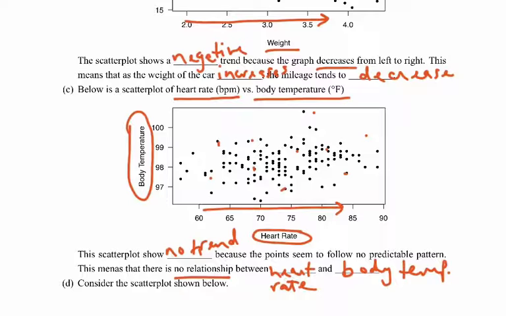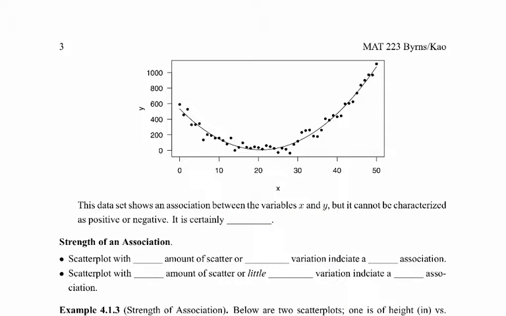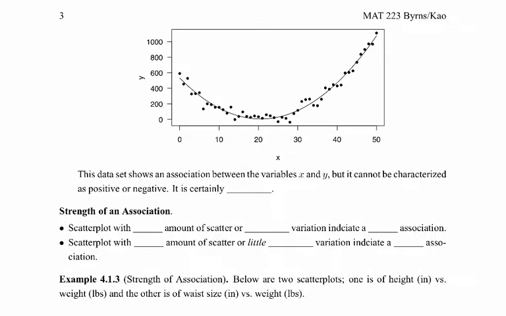Take a look at the next example. It says consider the scatter plot shown below. So on the next page we have a graph here, and it says the data set shows an association between the variables x and y, but it cannot be characterized as positive or negative. I'm just giving you this as a quick example to see that not all scatter plots are going to be linear in trend or in shape.